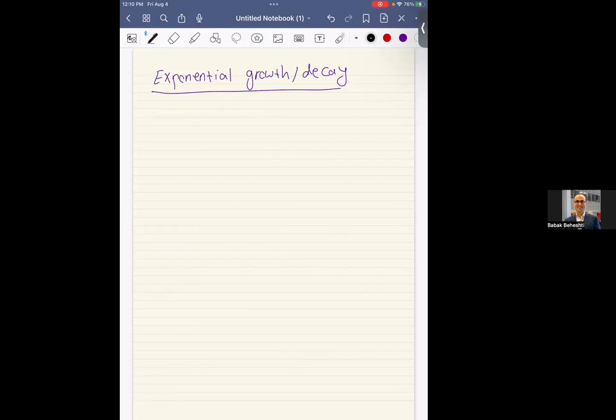If you have some quantity, like a population, then we say it's in exponential growth or decay if it's like P0 times e to the power kt.